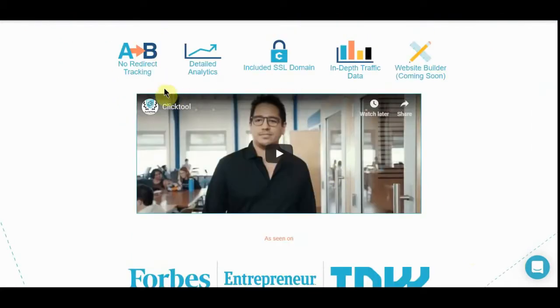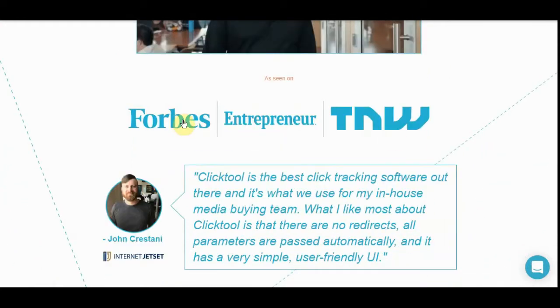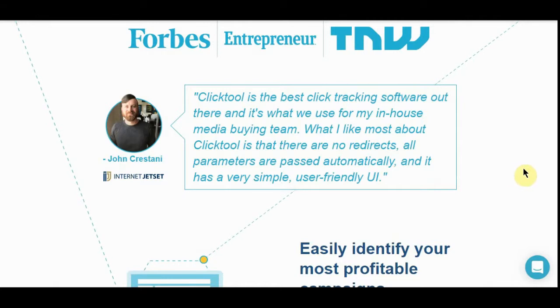Here again, you get the A/B retargeting, detailed analytics, the security for your domain, in-depth traffic data, and they're about to have a website builder too, kind of like a ClickFunnels type deal. And as you can see, they've been featured in Forbes, Entrepreneur, TNW. I'm not really sure, that may be overseas. I'm not sure if y'all are from over there. Let me know.